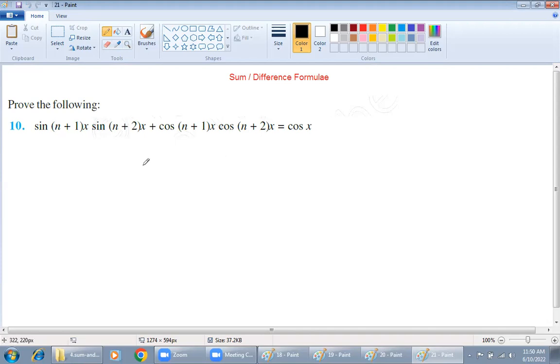Yesterday, we did a similar problem in which if we take one of these angles as A, n plus 1 times x, suppose, then this is the same angle. So this is also A. The other angle is n plus 2 times x. Let us say it is B. And so this is also B.